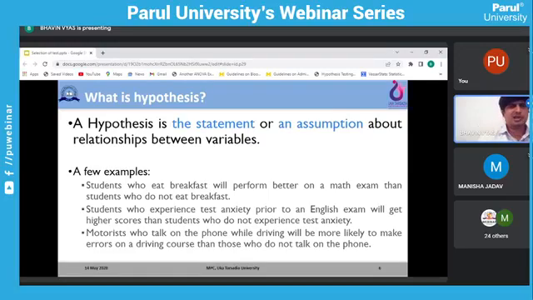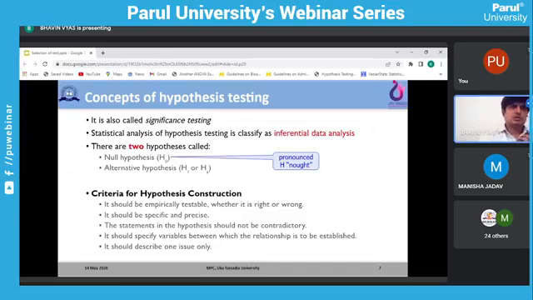The second example I have given: students who experience test anxiety prior to an English exam will get a higher score than students who do not experience test anxiety. Like that, rational research says that you need to state a statement, which is nothing but known as a hypothesis.